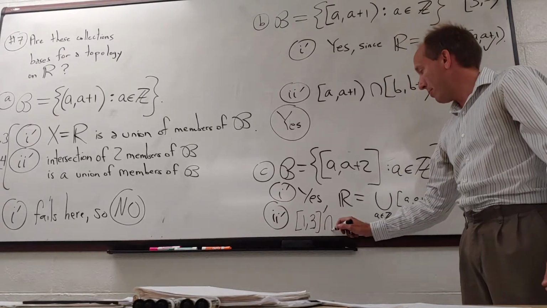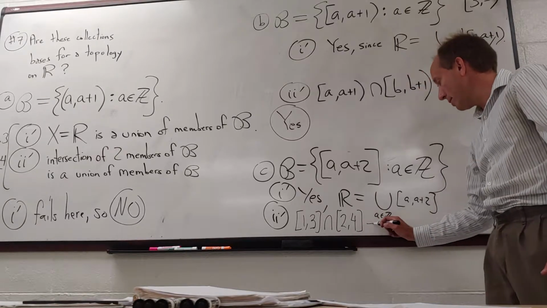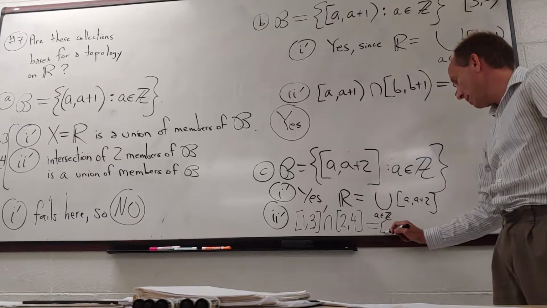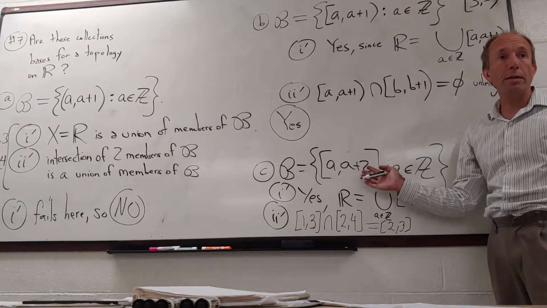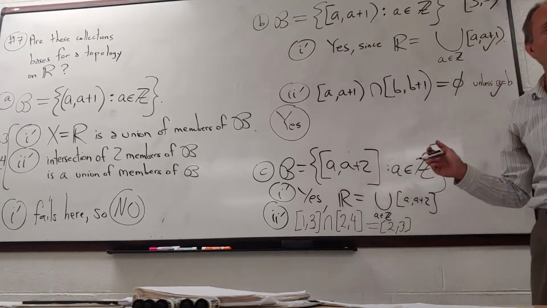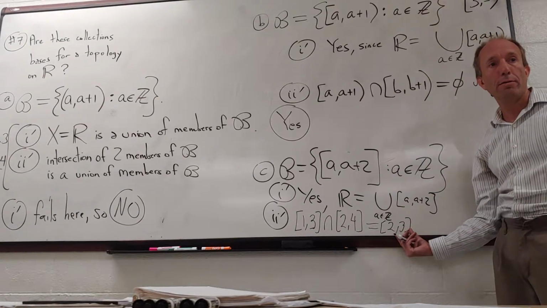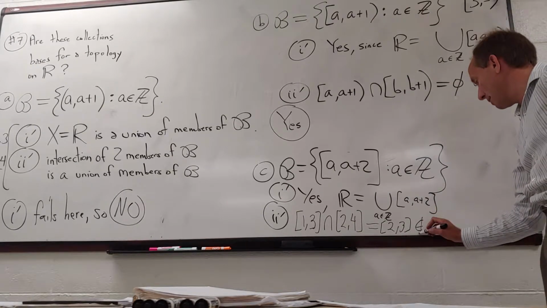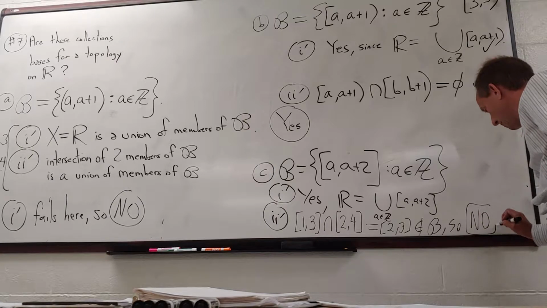I intersect that with 2 to 4, that's in the basis. We end up getting the interval 2 to 3, which is not in the basis, and it's not a union of things in the basis, because this is only an interval of length 1. Right? Okay, so this is not in script B, so this one would fail.